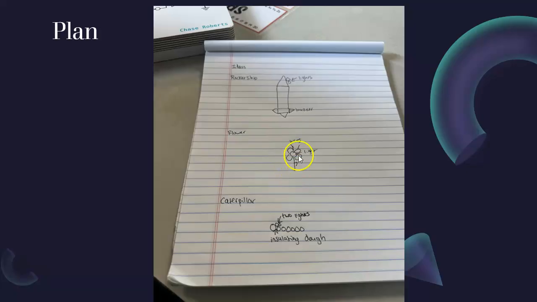And then with the flower having insulating dough between the stem and the flower, and then the wires and the petals, and the light in the middle. We ended up not doing the flower because I let them pick which one they wanted to make, and all of my groups chose either a rocket ship or a caterpillar.